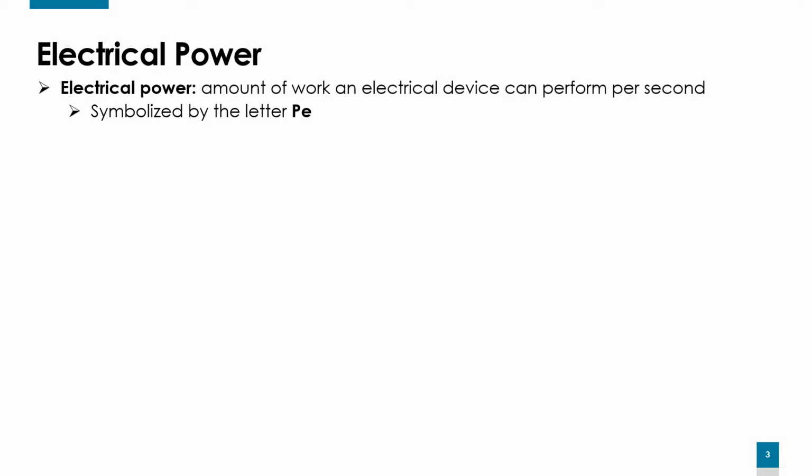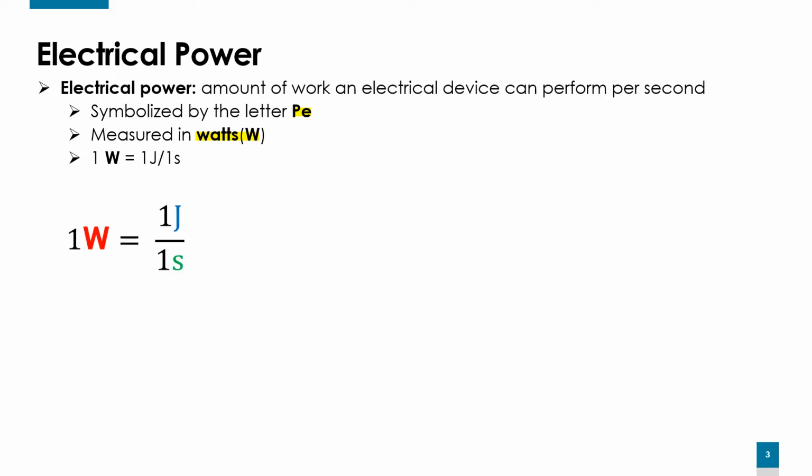How do I measure this? I symbolize this by P, and I measure it in watts. Okay, watts. 1 watt is 1 joule per second. So here's the formula: 1 watt is 1 joule, that's the measurement of energy, per second.